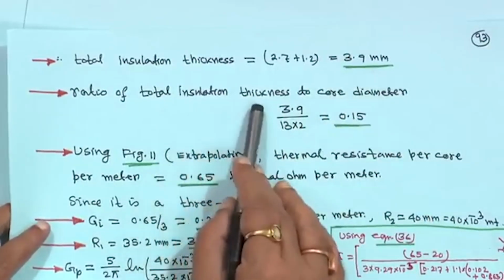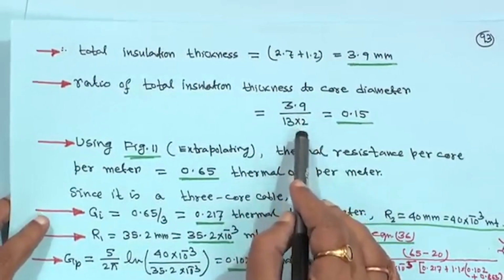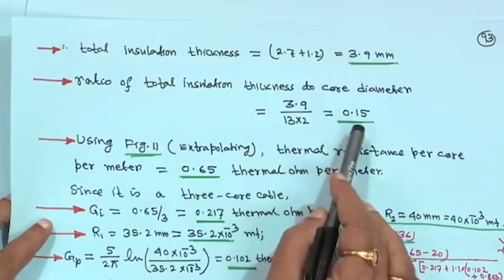Now, the ratio of total insulation thickness to the core diameter is 3.9 divided by 13 into 2, which is equal to 0.15.